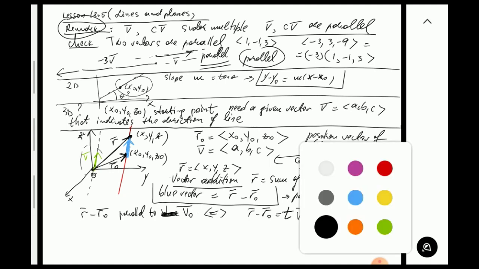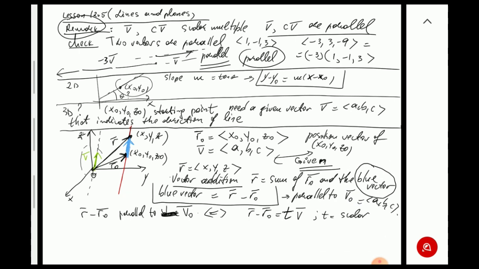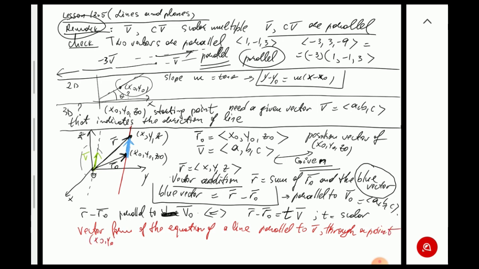But let's encapsulate this in a formula. This is the vector form of the equation of a line parallel to v and through a point x naught, y naught, z naught, which of course is identified by the position vector x naught, y naught, z naught.